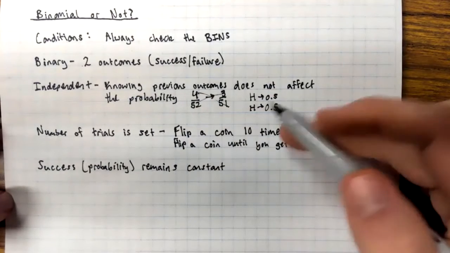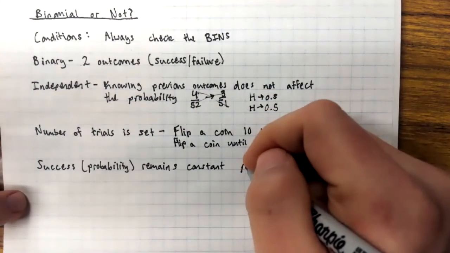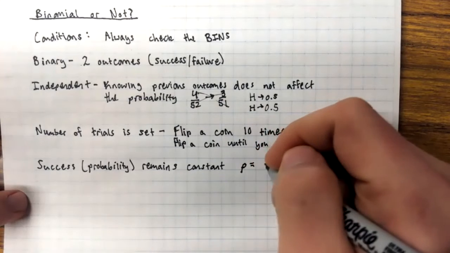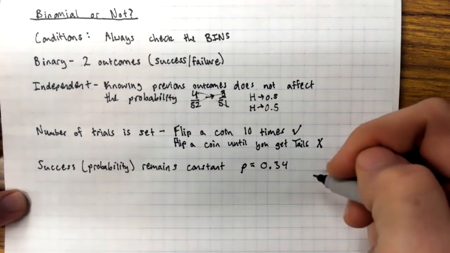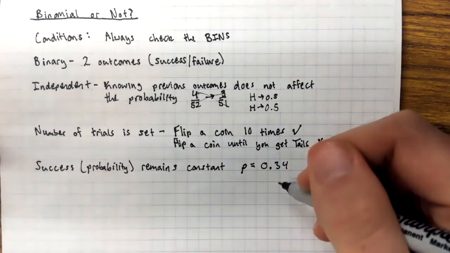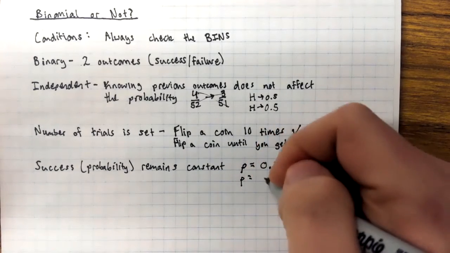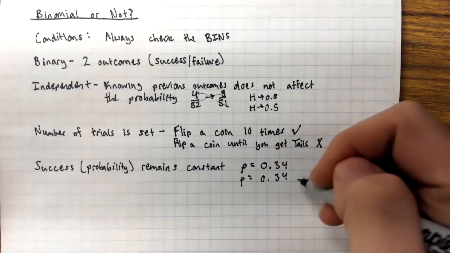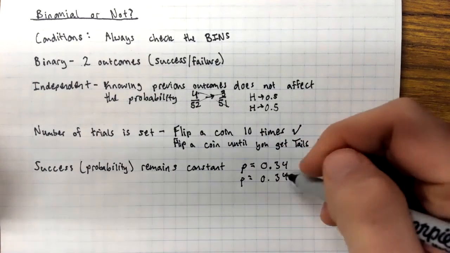So again, it really ties into independence, but if I started off with a probability of something like 0.34 on the very first trial, the second time I perform this trial, the probability of success would have to be 0.34. There can be no variation in the probability of success as you complete your trials.